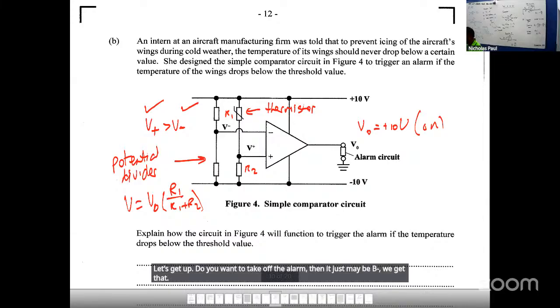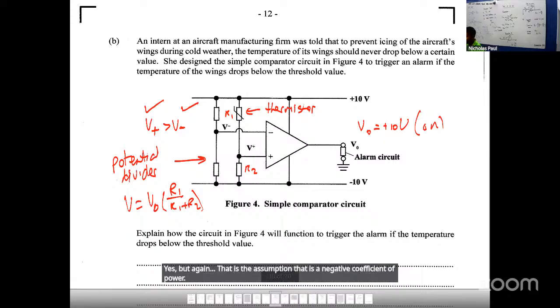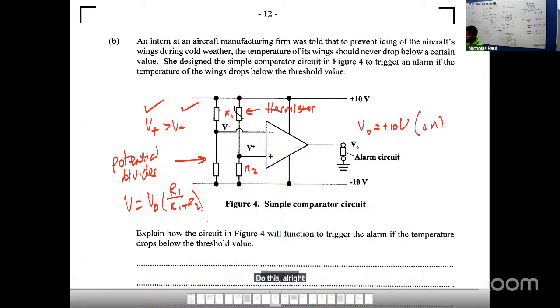But again, that is the assumption of a negative coefficient thermistor. If it's positive, then the other way will happen. This is worth 8 marks. In between, you can just write what I have there in red: if V plus is bigger than V minus, you'll get V out positive.